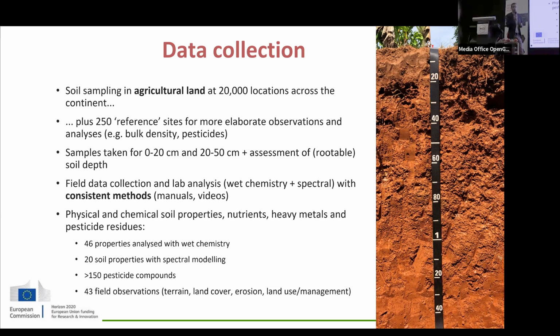We take samples at two depths, 0 to 20 and 20 to 50 layer, so the same as was done years ago under the ASIS project. But we also assess the rootable soil depth up to 1.20 meters at each site.